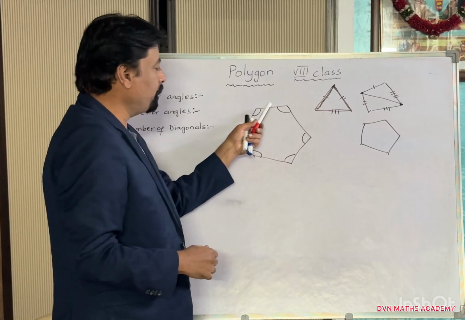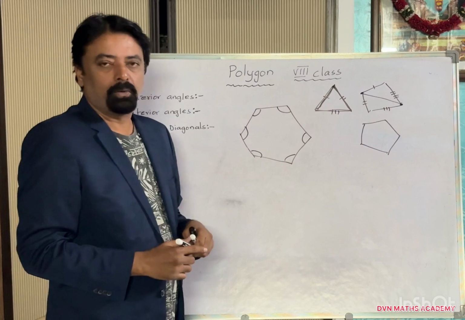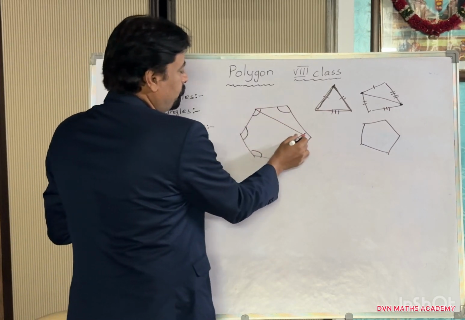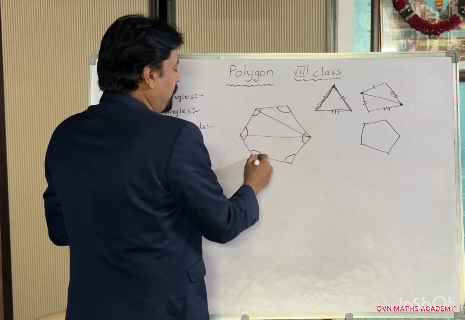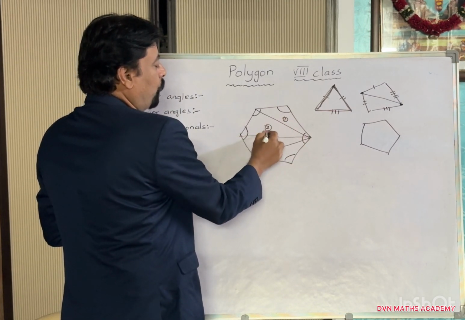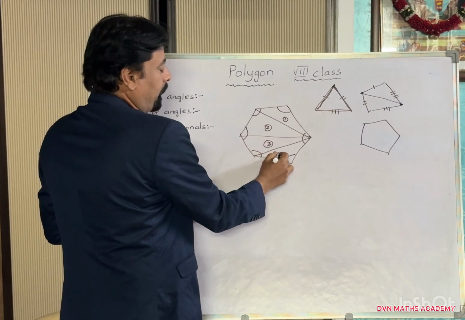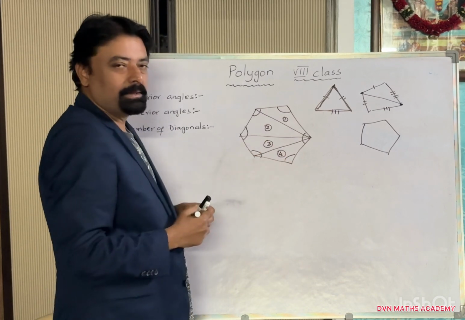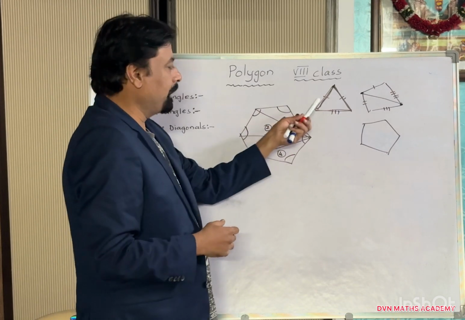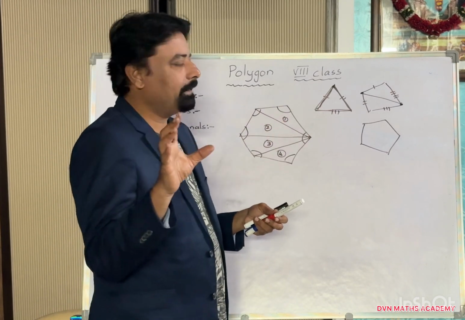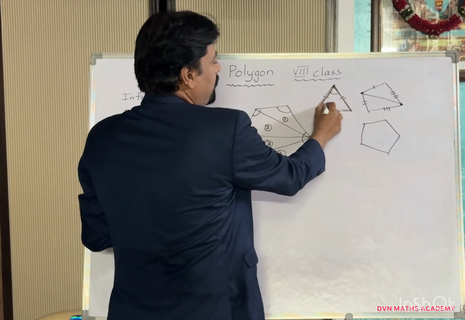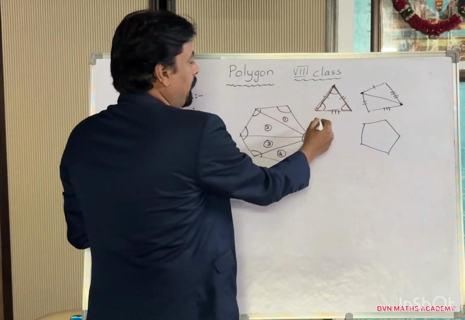So if you want to know the sum of its interior angles, if you join these two, and these two, and these two, it becomes divided into 4 triangles. You know that the sum of angles in a triangle is 180 degrees. That is the basic thing we need to know: the sum of the 3 interior angles of a triangle is 180 degrees.